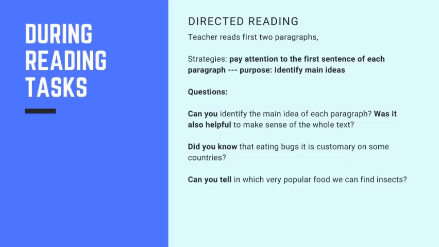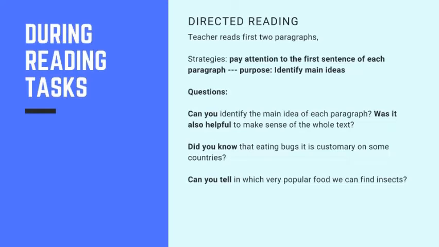We are referring to identifying the main idea of a paragraph, since it's a valid and useful one. He or she can also explain to learners that, as stated in the book, one way to identify the main idea is to pay attention to the first sentence of the paragraph.